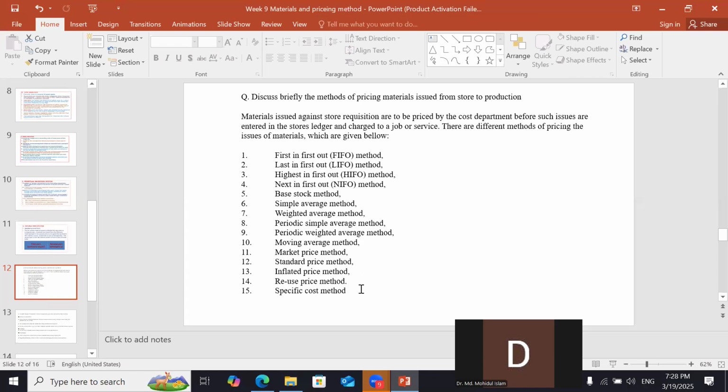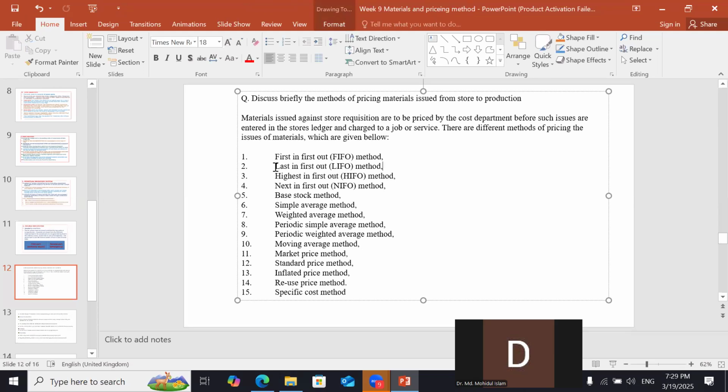These are the price setting methods, how we can set the price. At first, first in, first out: you receive the product first, you deliver it to the market first. And LIFO: you produce it last, but you deliver it first. LIFO is actually American based; in America they use LIFO, but in our country we use FIFO.